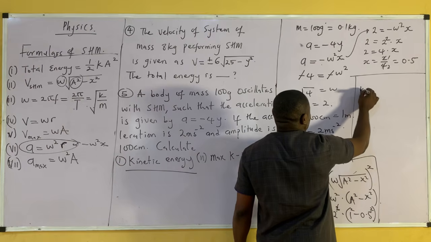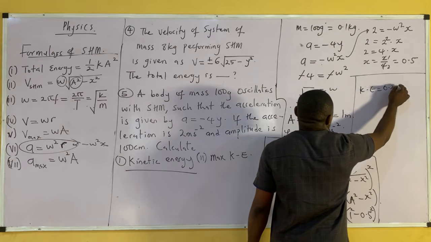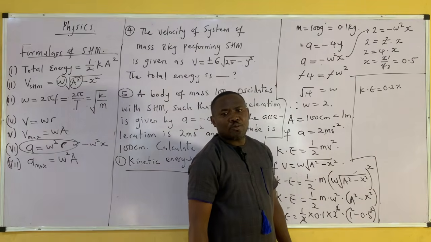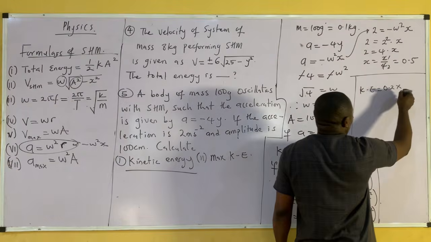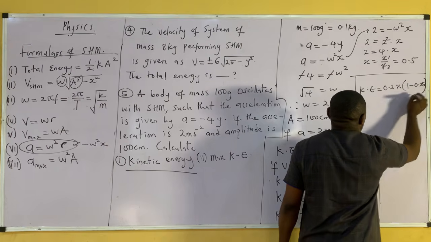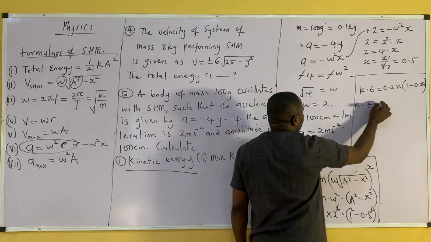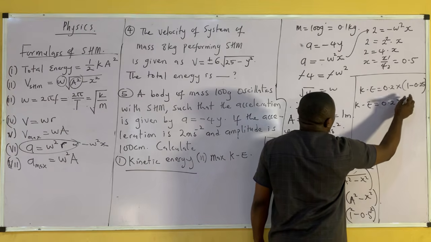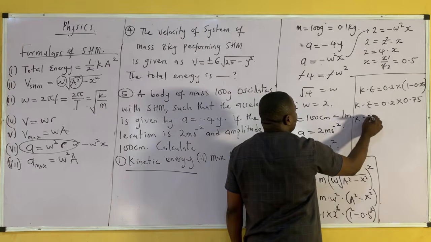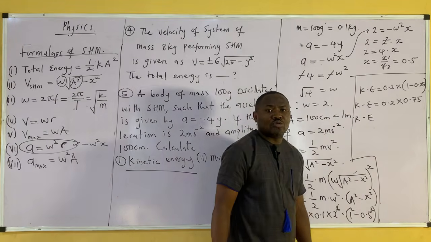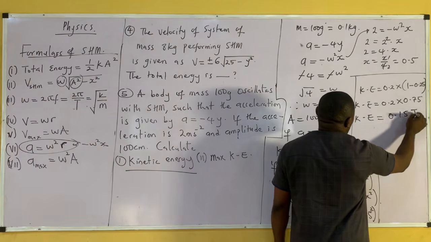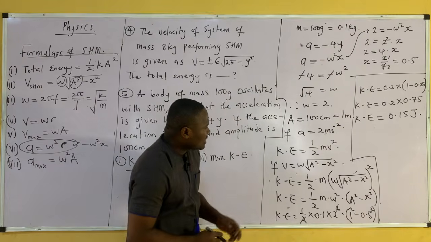So kinetic energy is equal to 0.2 times, this will be 1 minus 0.25, close the bracket. So kinetic energy is 0.2 times 0.75. So what becomes our final answer now? Kinetic energy is equal to 0.15 joules.